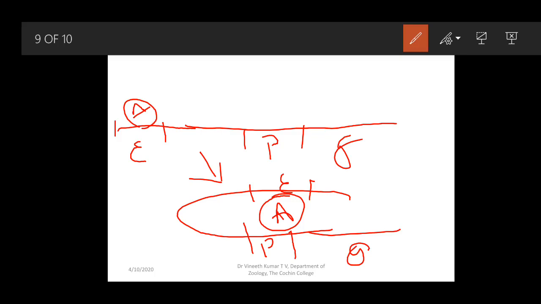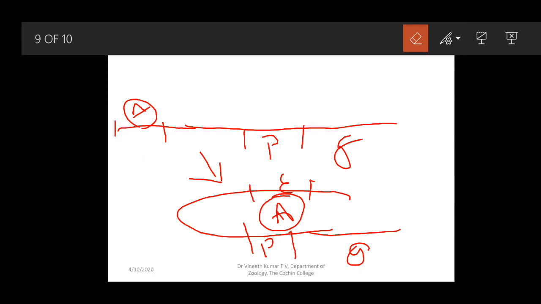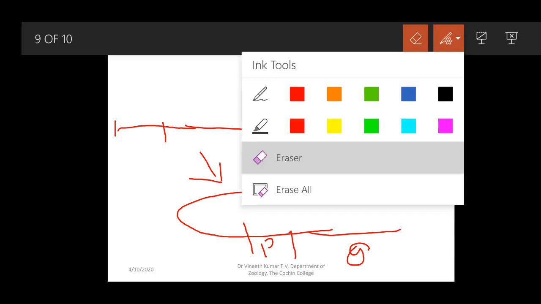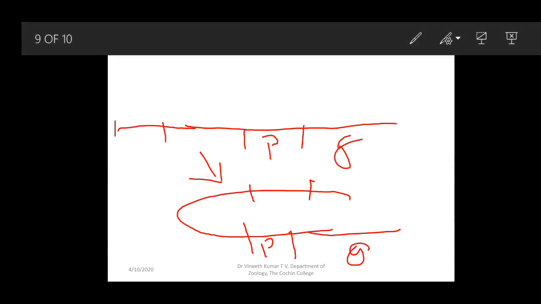So enhancers activate transcription. Now if we take the other one, which is the silencer element, and a repressor protein binds here, the same thing happens.